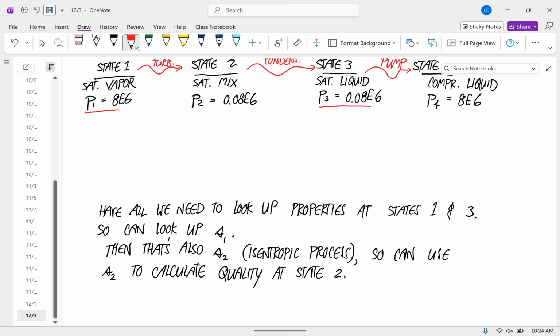So at state 1, the website says specific enthalpy is equal to 2758 times 10 to the third, and the specific entropy is equal to 5.7432 times 10 to the third.